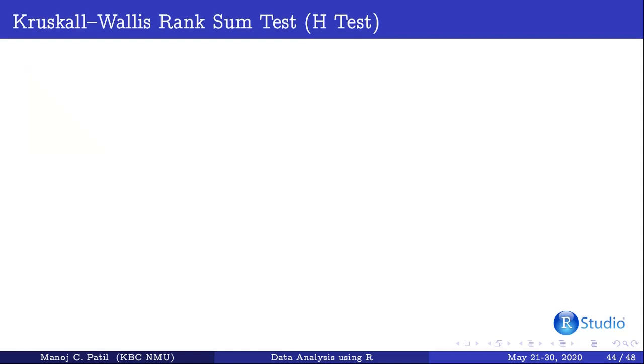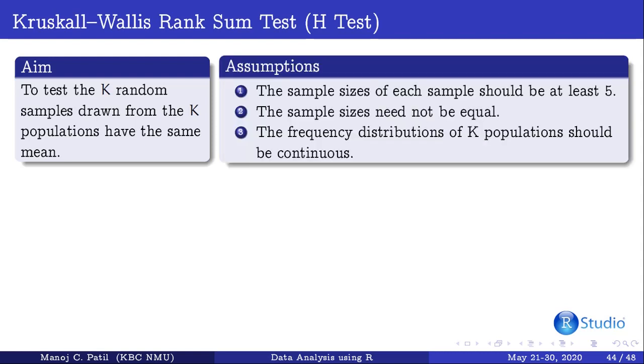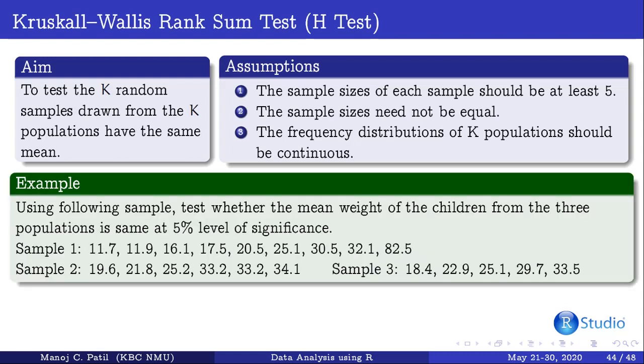Whatever we do in one-way ANOVA, mu1 is equal to mu2 is equal to mu k, here we are going to test m1 is equal to m2 is equal to mk for medians. That is, the medians of k samples drawn from k populations are equal. Assumptions: the sample size of each sample should be at least 5, sample sizes need not be equal, and the frequency distribution of the k populations should be continuous.